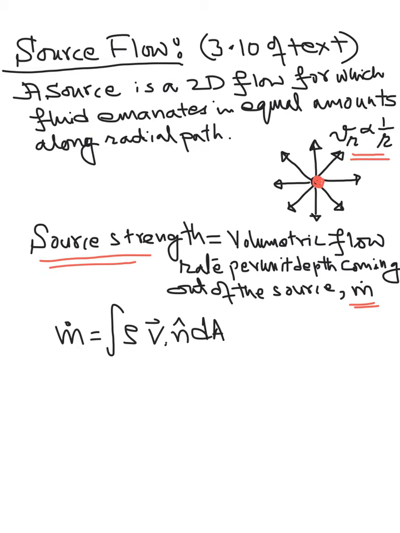Subsequently, I can also write down the velocity, the v for my source, in vector form.